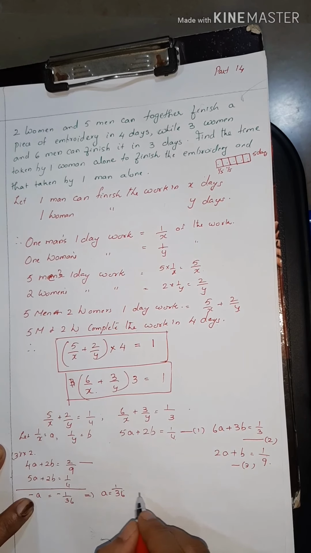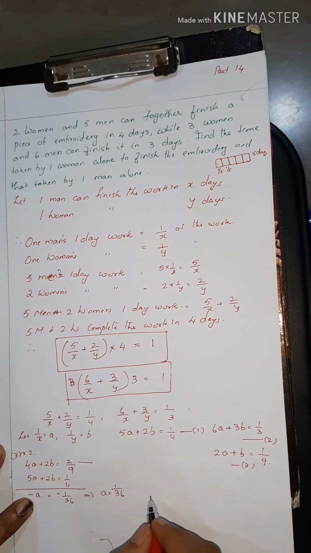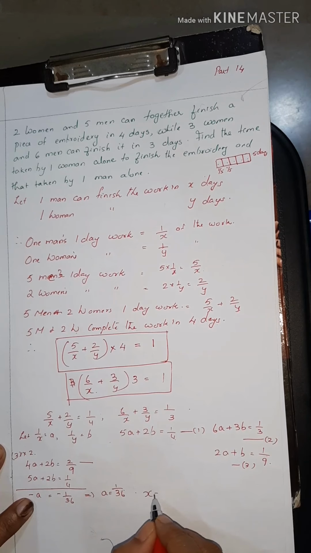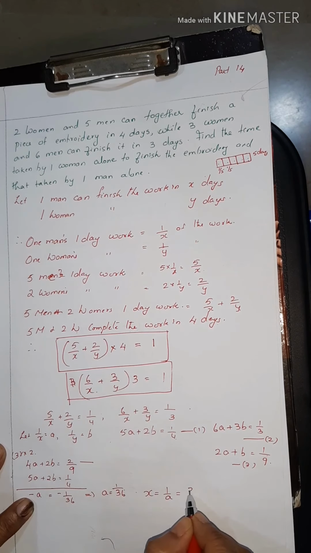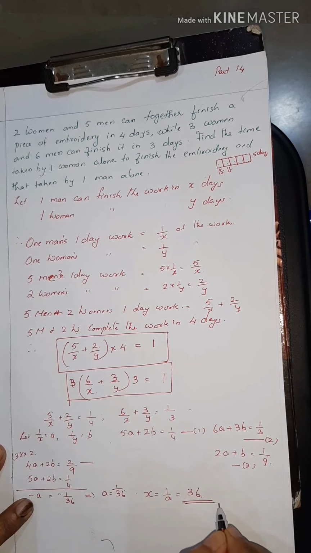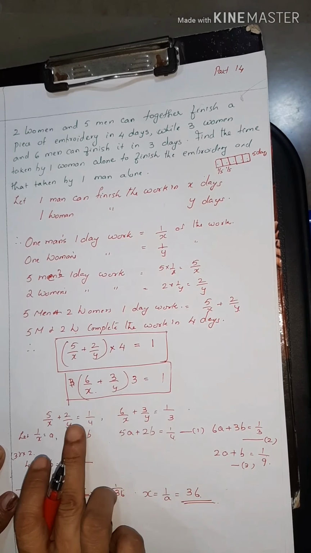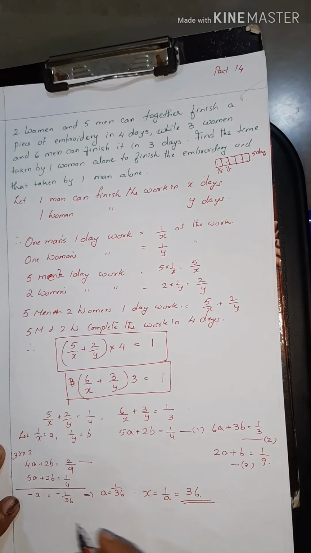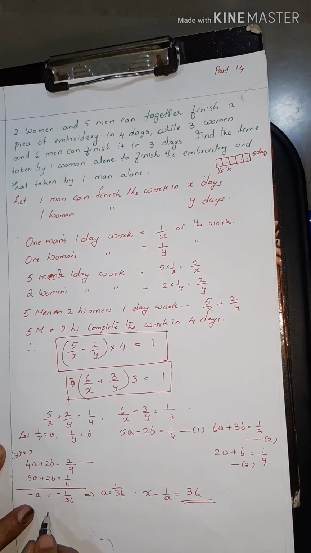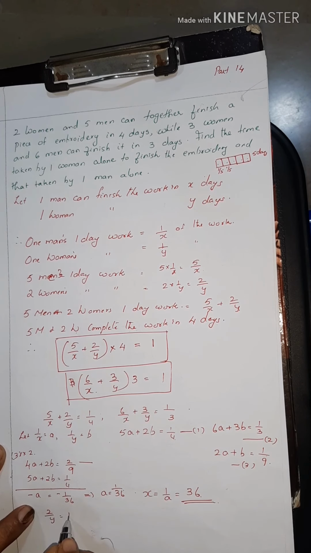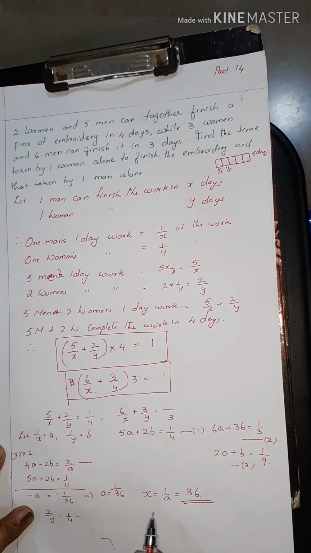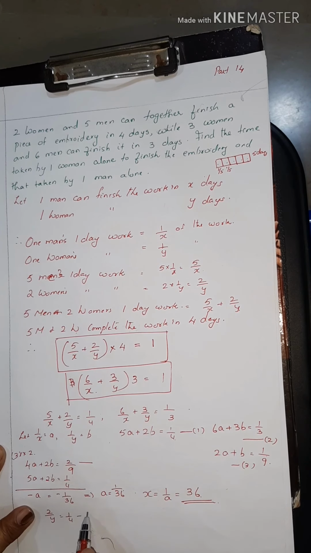From that, x is equal to 1 by a. So x is equal to 36. Substituting this in any of these equations, I will get 2 by y is equal to 1 by 4 minus 5 by 36.